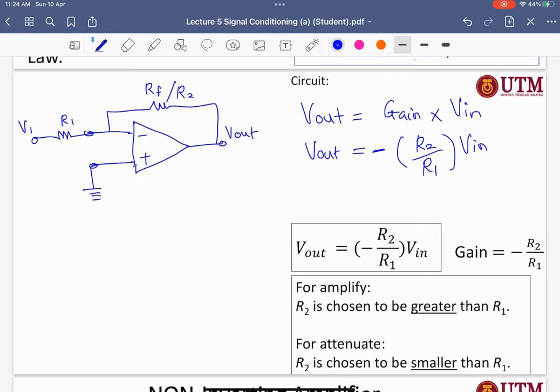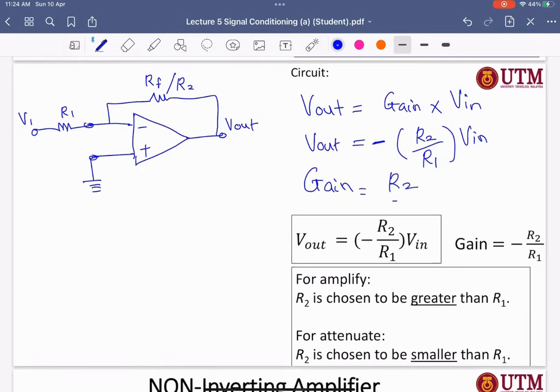Okay, all right. So the symbol for this one is only to show that it will invert, right? It will invert only. That means if your input is positive, the output will be a negative value. Okay, so the gain is equal to R2 divided by R1.